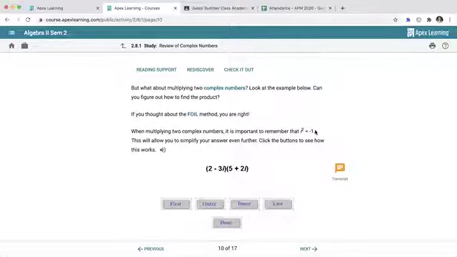If you forgot why that is, that would be because i equals the square root of -1, and if I square that, it's like saying, obviously, the square root of -1 multiplied by the square root of -1.